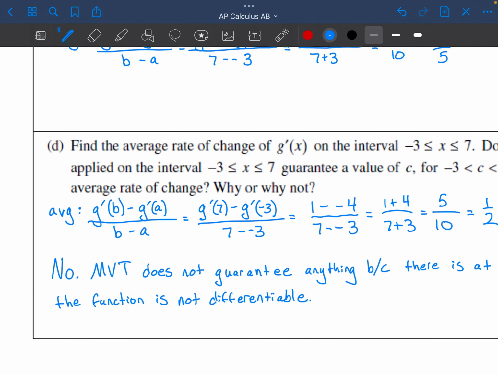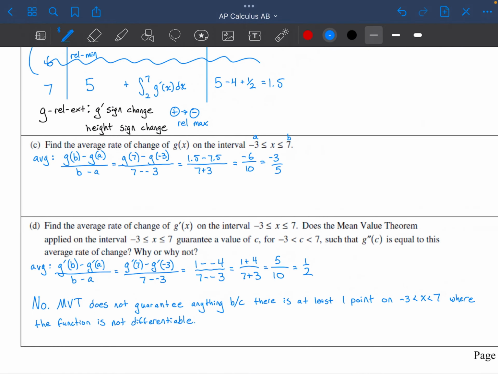There might have been a more concise way of writing that, but that's how I'm going to answer it. You need something along those lines.